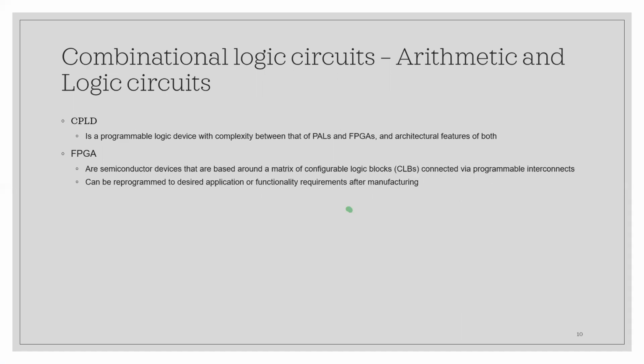So CPLD, what are its features and other stuff, and FPGAs, what are their features, what are the advantages, disadvantages, what are the applications you can put them in, what is the speed or operating speed? What are the examples of CPLD and what are the examples of FPGA? Can you get it in the next class?